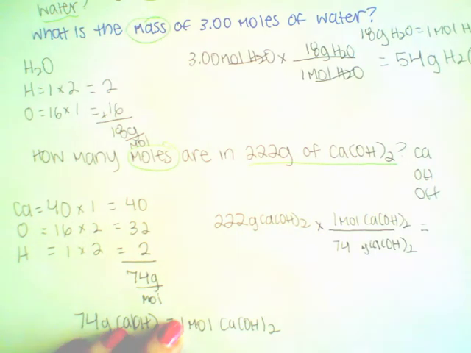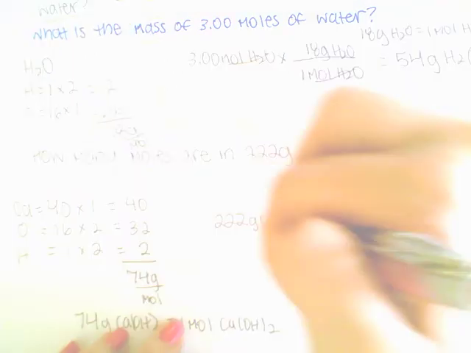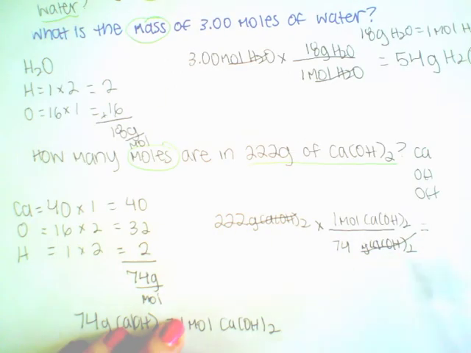So you multiply the numbers on the top. 222, oops, let's cancel out our units. That's why we put this one on the bottom, so they would cancel. 222 times 1 divided by 74. I know that I divide by 74 because it's on the bottom.